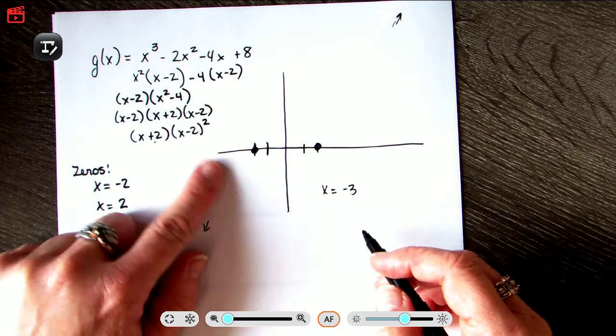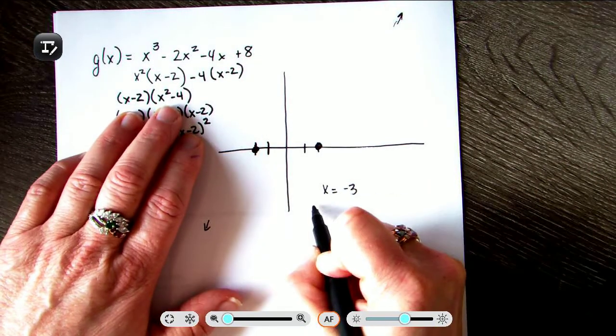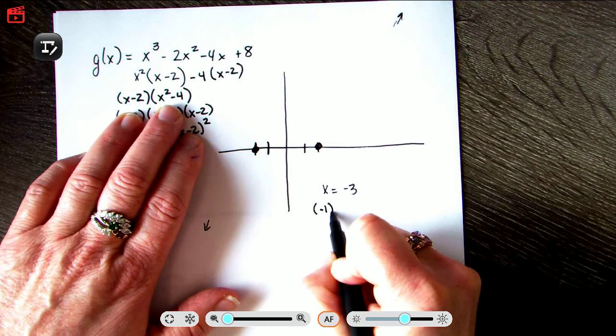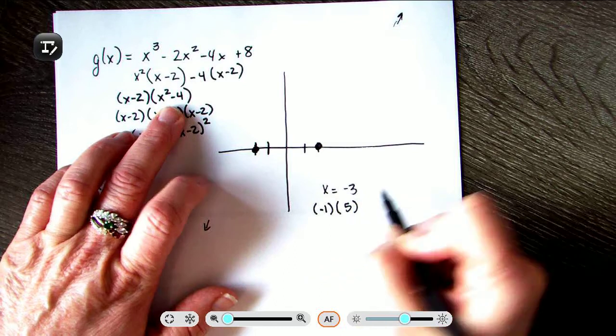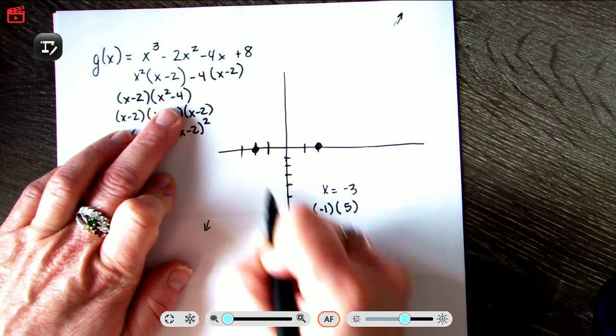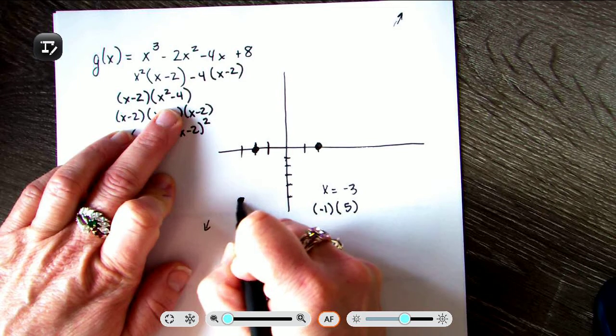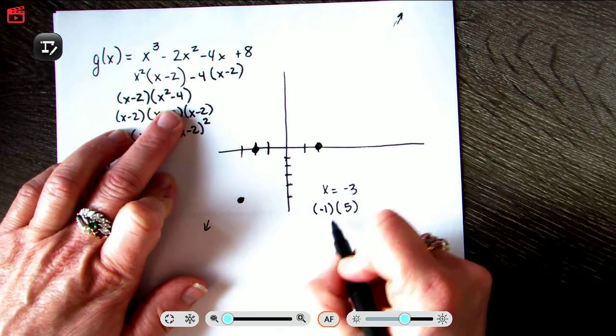So I'm going to go into, I don't know where we'll go, maybe into here. And x equaling negative 3 gives me a negative 1 times, that's 9 minus 4, which is 5. So I get a negative 5. Okay. I need a one between negative 2 and 2. I like the number 0.